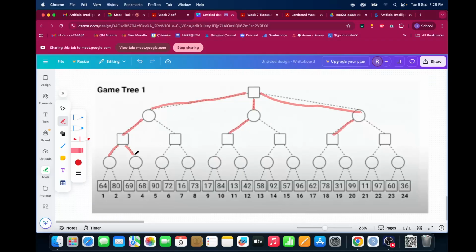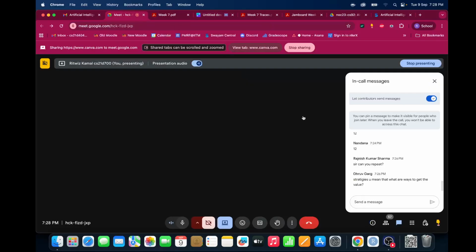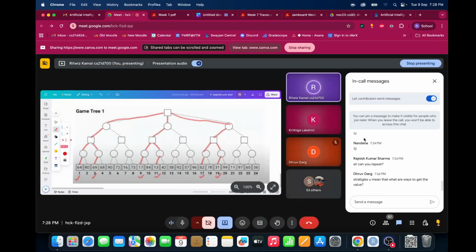Again, all children of the max node, and the leftmost child of the min node. So E1, E3, E9, E11, E17 and E19. These will form the initial clusters used by the SSS star algorithm. This is where the strategy differs from the usual strategy we follow. Please remember this when you solve the algorithms, because it can be a bit confusing.